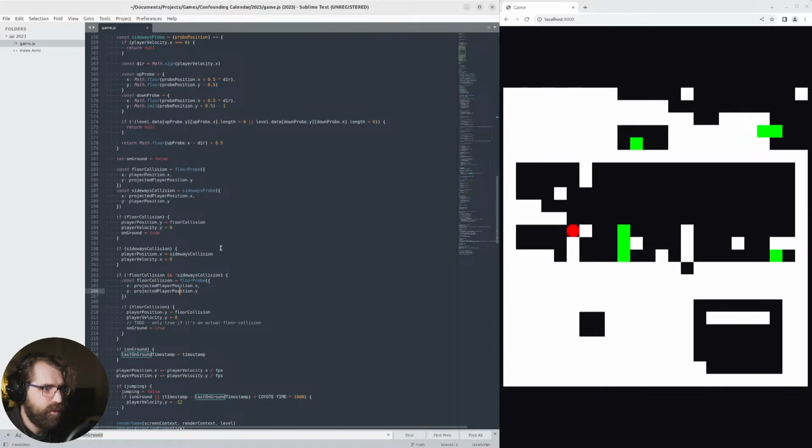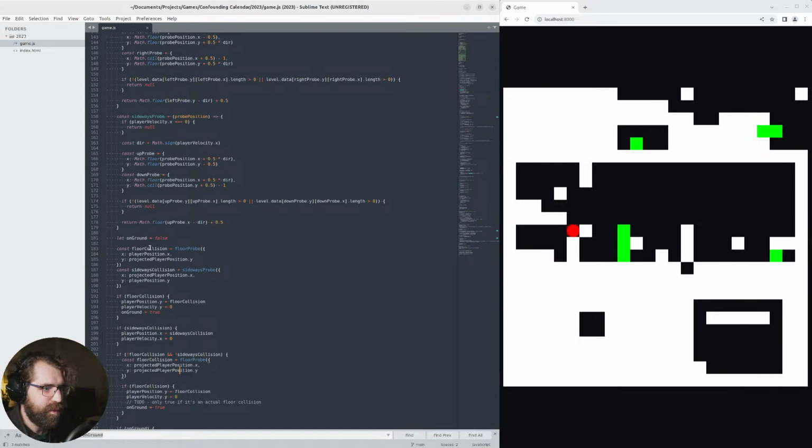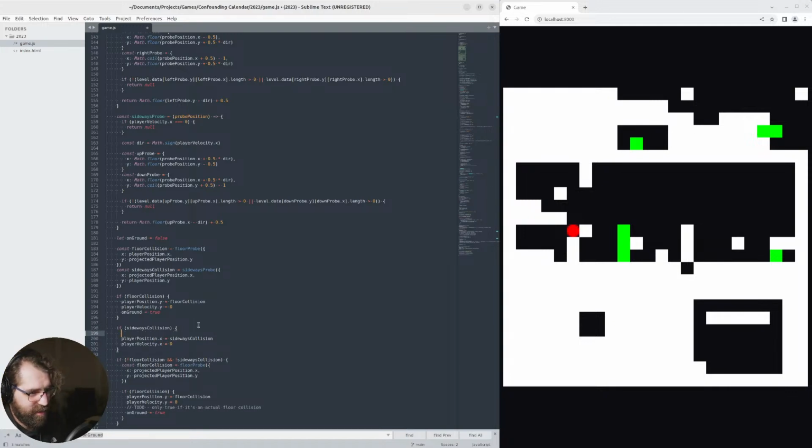Okay, so probe. Basically, if sideways collision, so I could put it in here. If this is happening, then we do a separate check for the other probes to see if there's a gap to the left of me. And could it just be one? It could just be one.